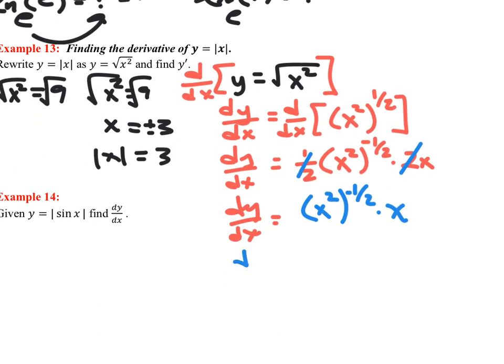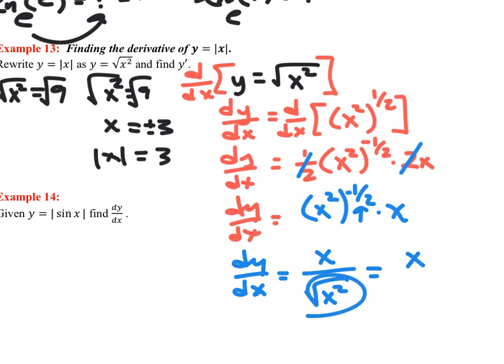Now, I'm going to make this positive, so I'm going to bring that down here and change it to a square root, and therefore, recall from the beginning, what does that equal? That's the absolute value of x. And there is the derivative of the absolute value of x. It's x over the absolute value of x.